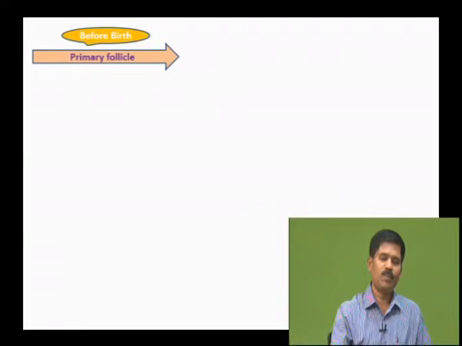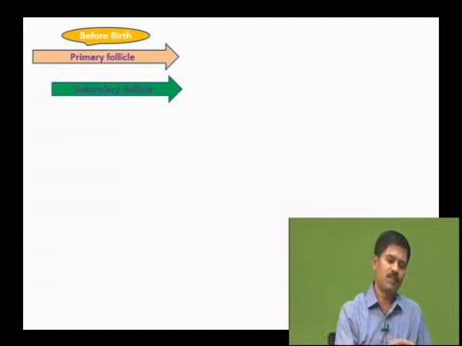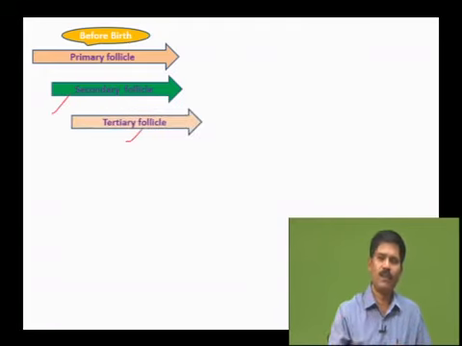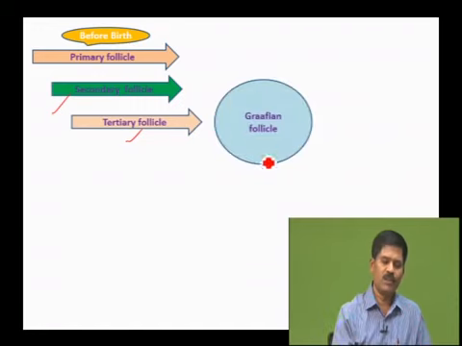These primary follicles mature into Graafian follicles at the onset of puberty. Primary follicles mature into secondary follicles, then into tertiary follicles, and tertiary follicles mature into the Graafian follicle. The Graafian follicle is nothing but the mature ovarian follicle present in the ovary.